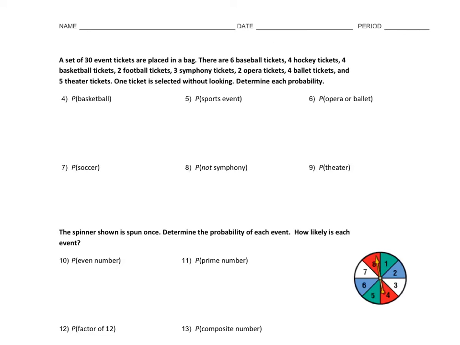What's the probability of a basketball being drawn? 4 out of 30. We're just going to write it as a fraction because it doesn't tell us anything else. With fractions, we're going to reduce every time. So we divide by 2, and I get 2/15.